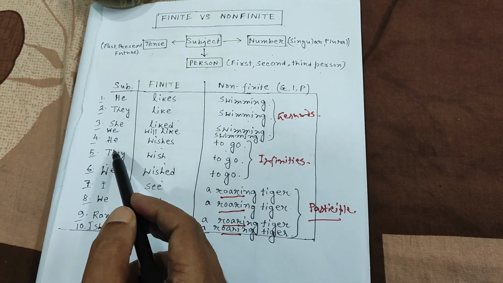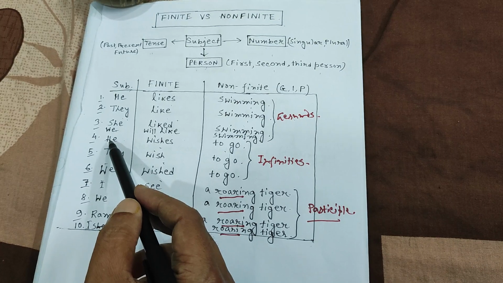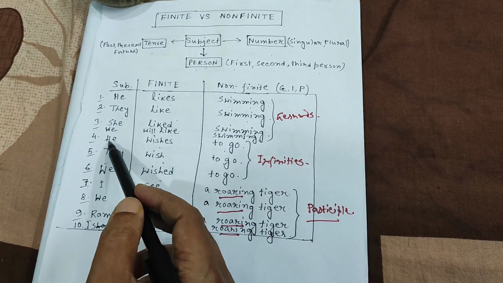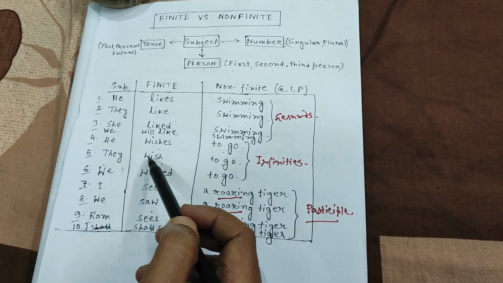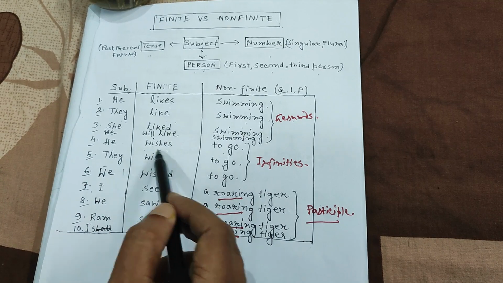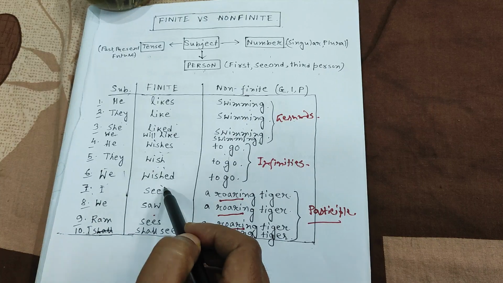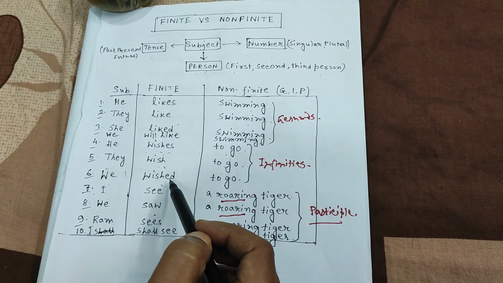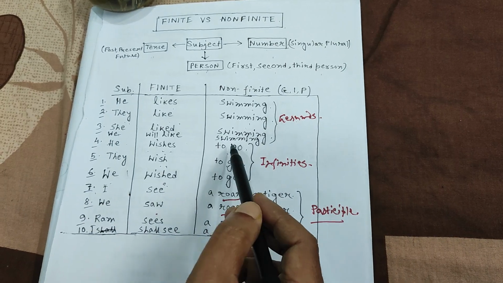But here you can see the subject is in different numbers and different persons, and according to subject-verb agreement, the finite verb also changes. He wishes, they wish, we wished. If it is a past tense, then it will be we wished. But here there is no change.